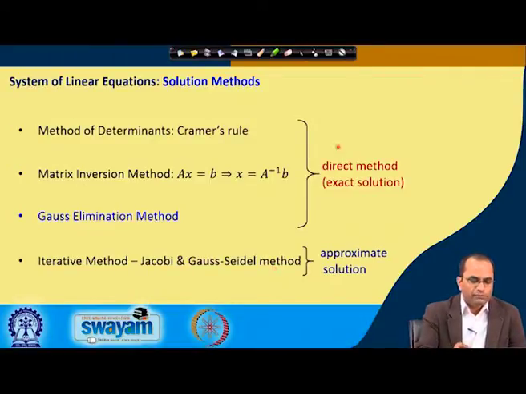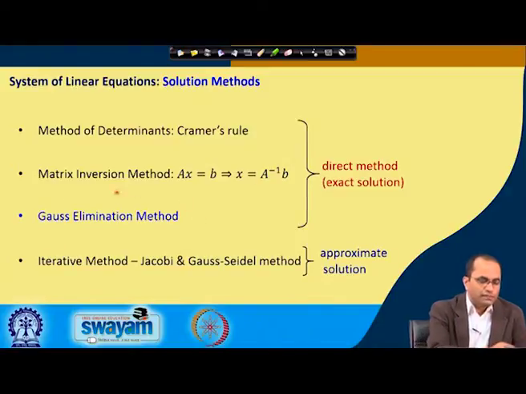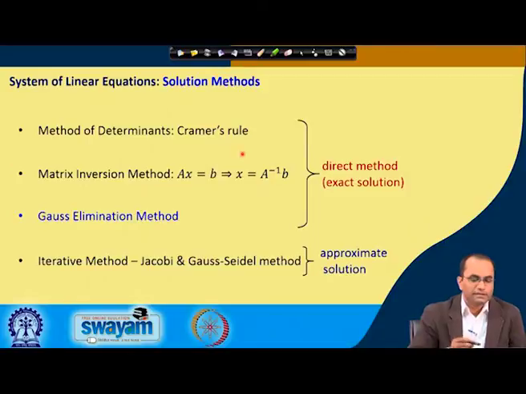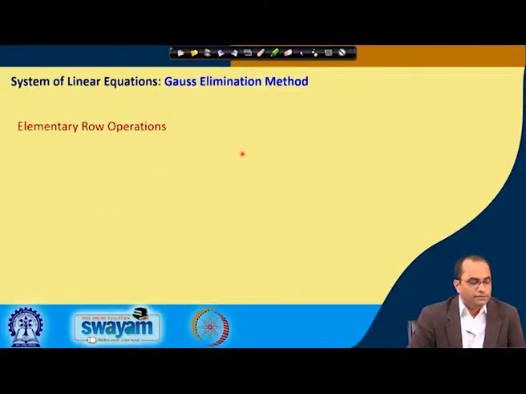So, in this lecture we will be talking about this Gauss elimination method, which is a very general one in the category of the direct methods, and we will also be talking about some elementary row operations. So, what do we mean by elementary row operations?